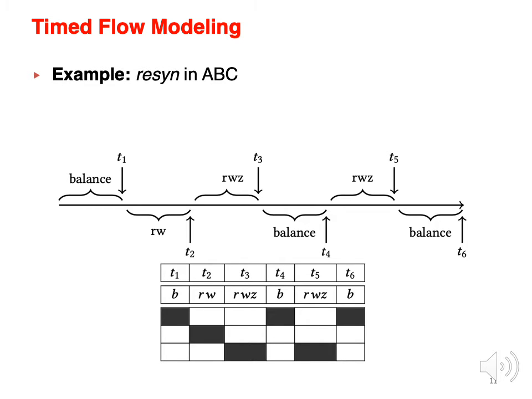It can also be extended to a more complex timed model, where you extend the encoding based on the real runtime of each transformation. For example, rewriting could be more complex than balance. Let's assume it takes twice the runtime compared to balance, and then you can simply extend rewrite to a 3x2 dimension vector that indicates it takes twice as long as balance.